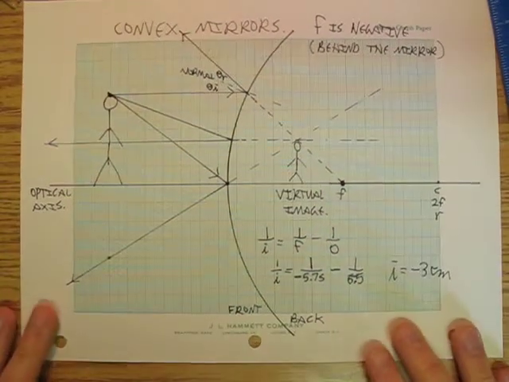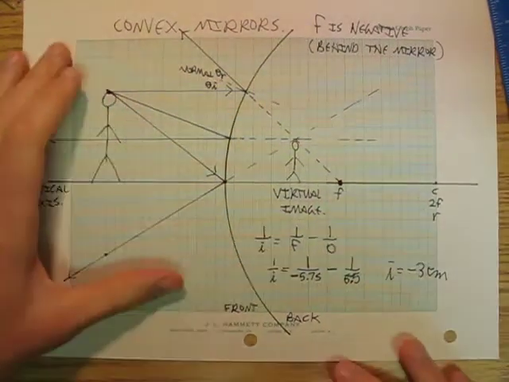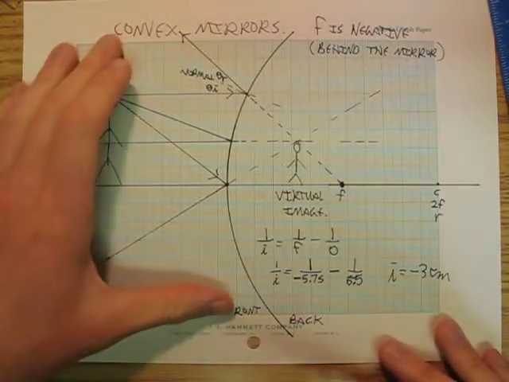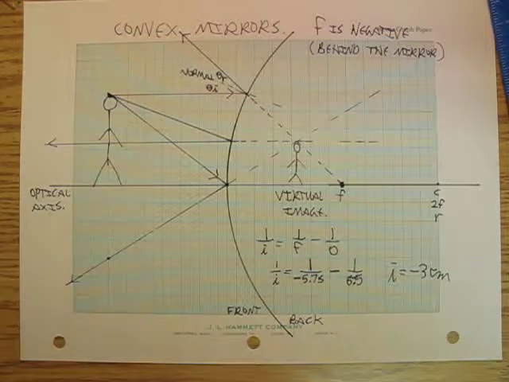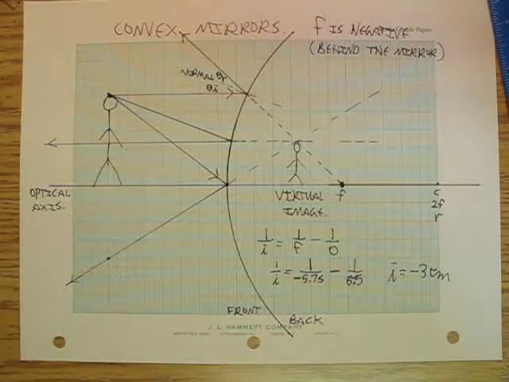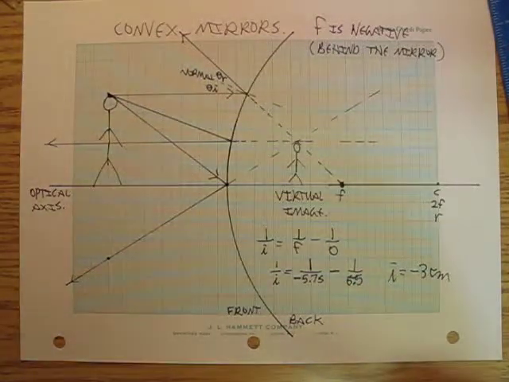So I haven't really given you a really good example of exactly how I want you to do convex mirrors, but you should be able to figure it out from other materials that I've produced. And then the last thing I want to say is I want to have a rule for convex mirrors.